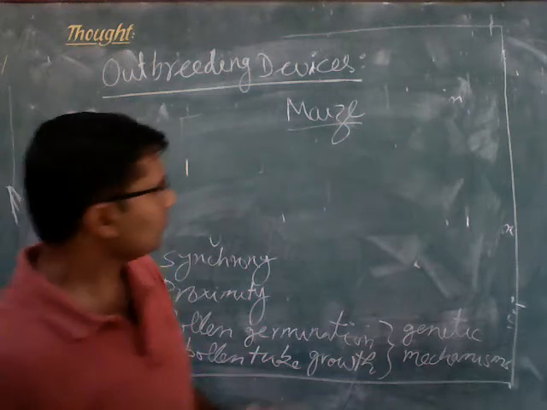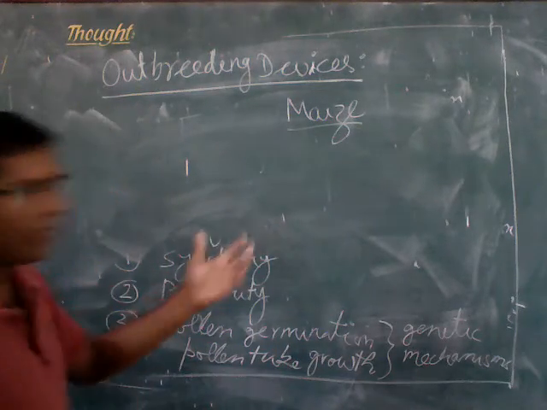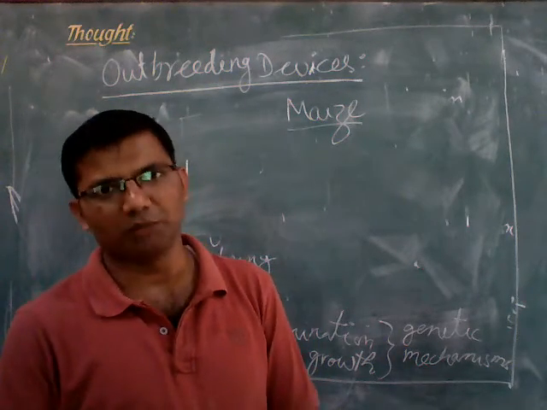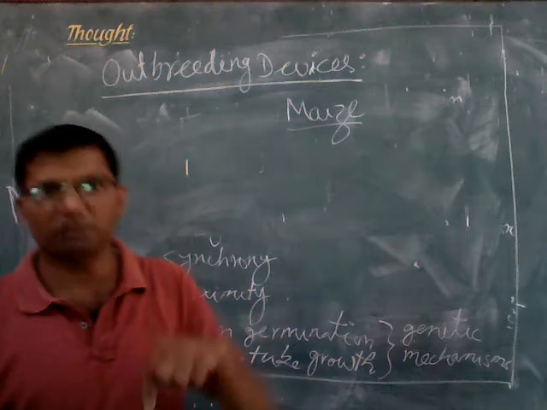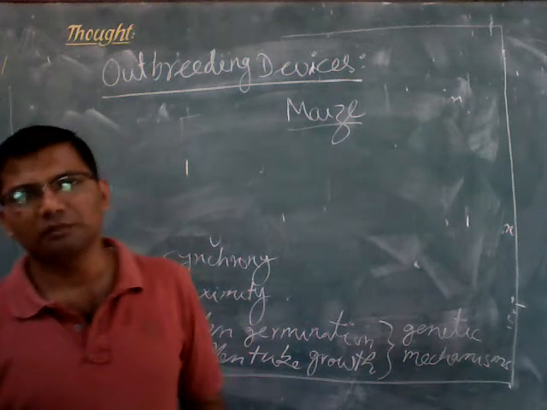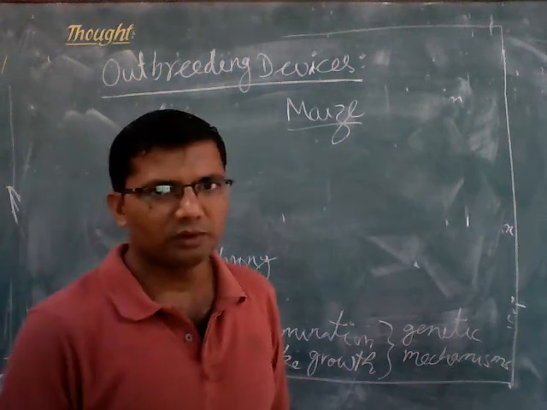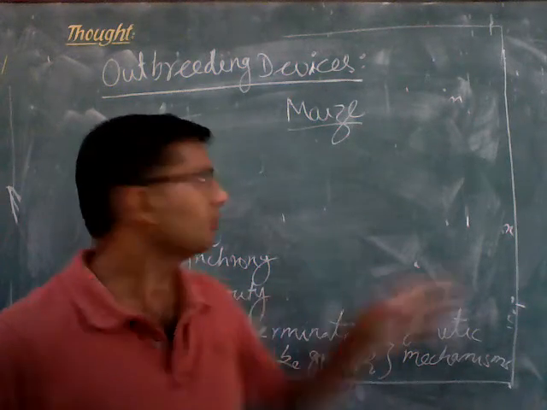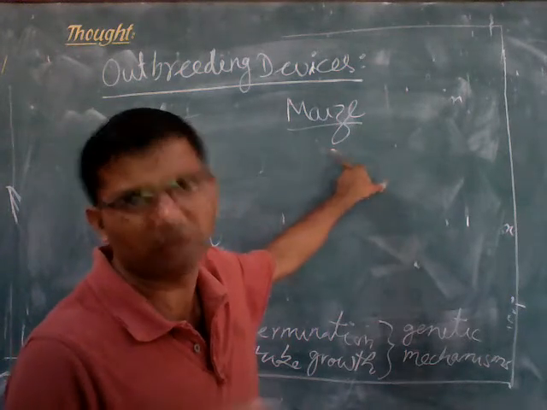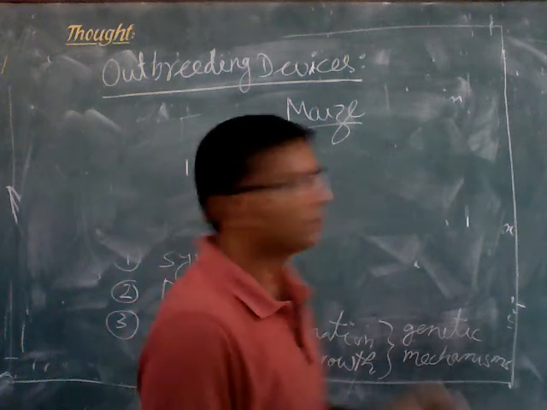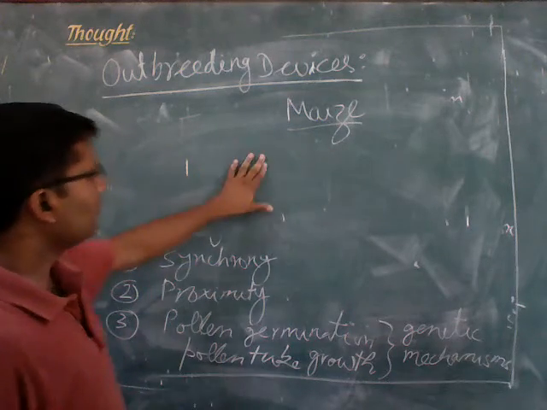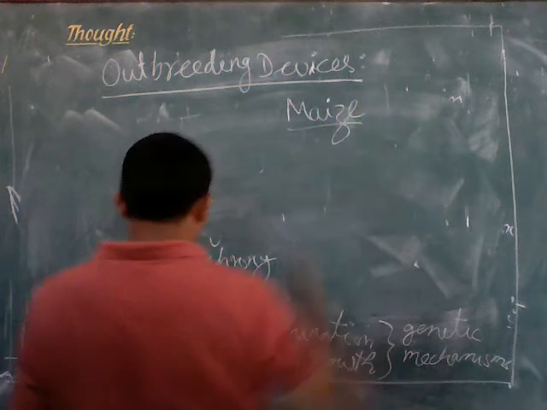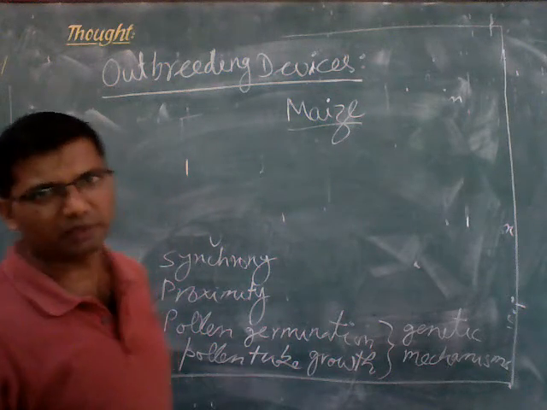Okay. So here also the plant has the possibility of autogamy or geitonogamy. That means pollen from the same plant can fall over to the stigma. So maize is a typical case of geitonogamy, not autogamy. Here, in the case of geitonogamy, again, this may be avoided by genetic mechanisms.